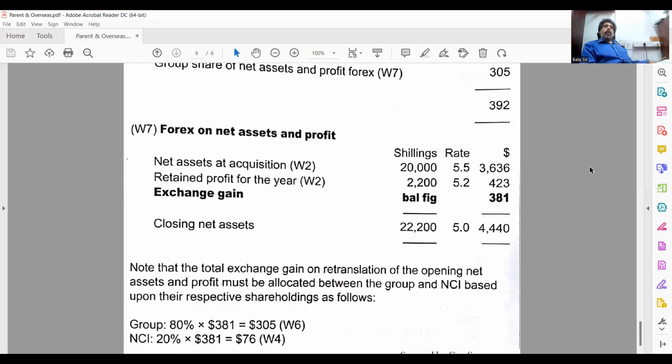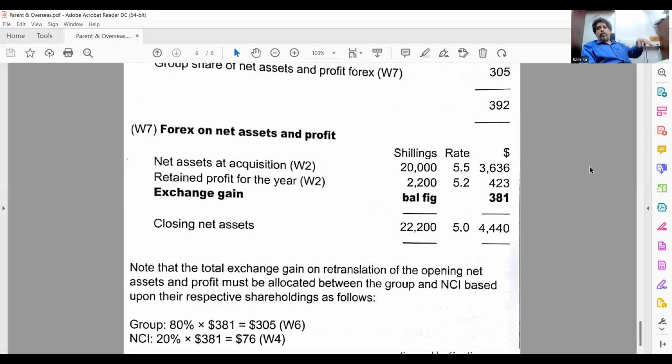And add what to this? The retained profit for the current year: 2,200 shillings at the average exchange rate of 5.2. And what is the amount? $423.